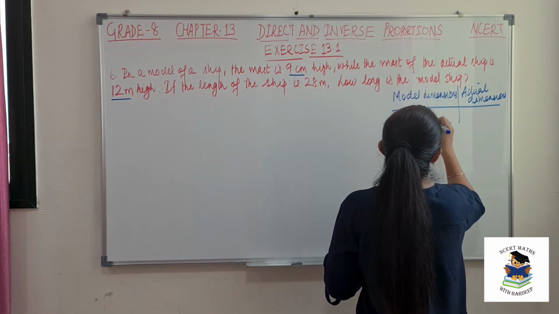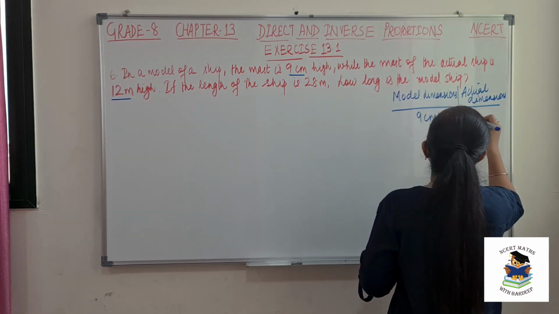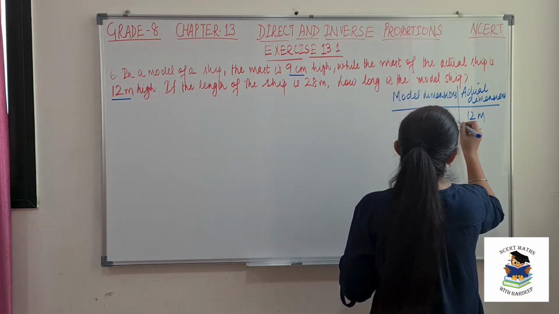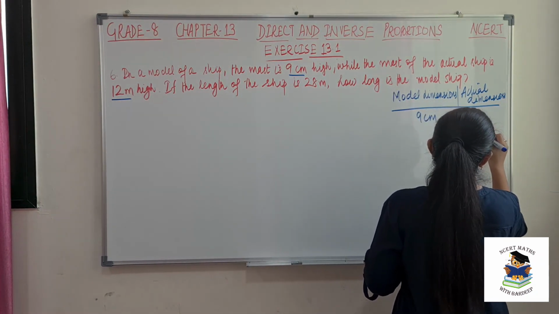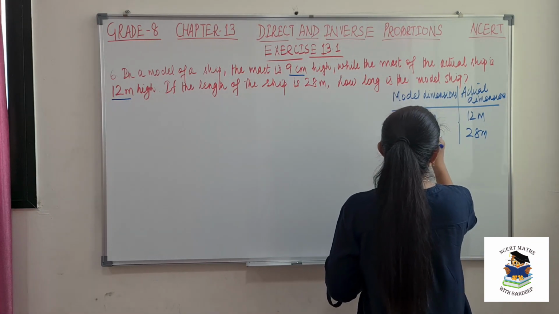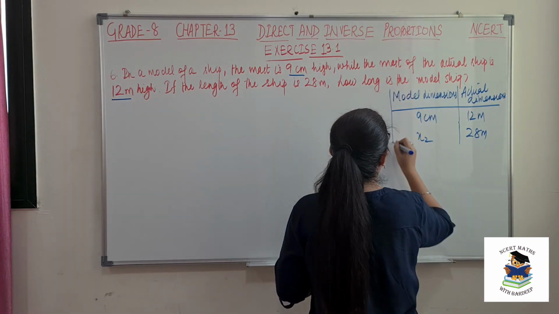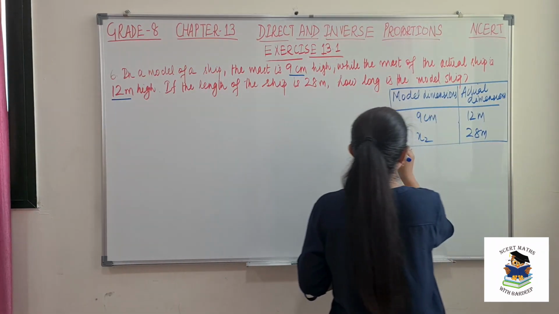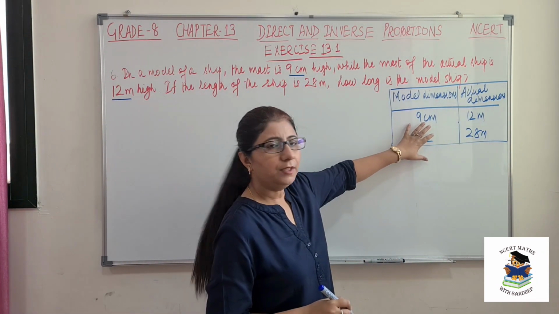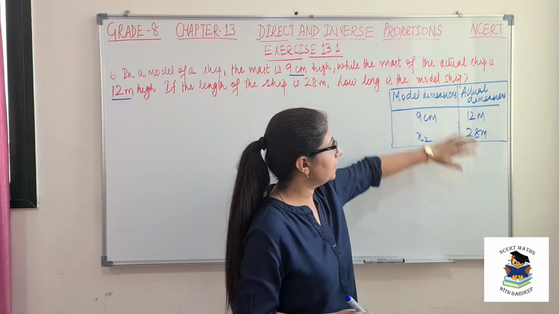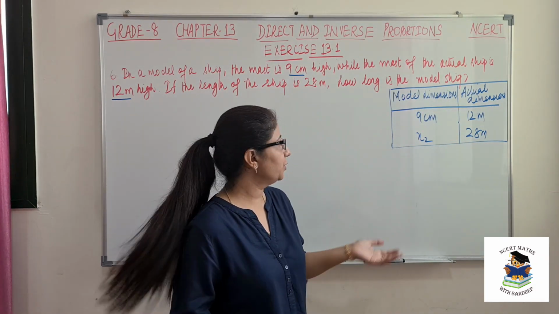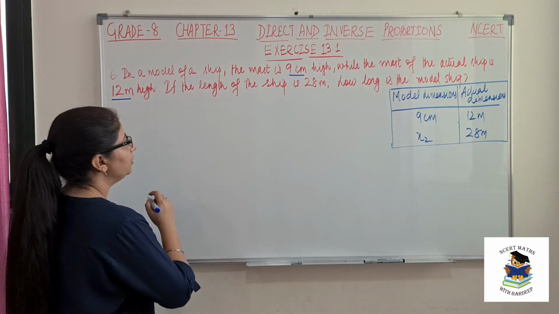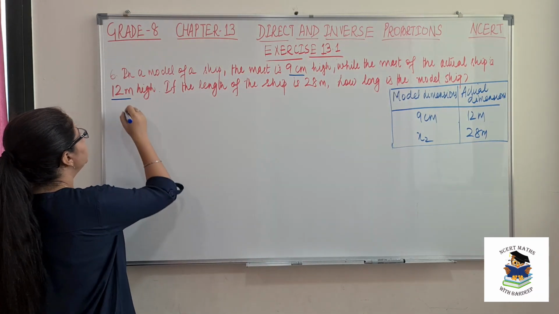For 9 centimeter actual length is 12 meters. And if the length is 28 meters, what is the model value for the same dimension? So let it be x2, and since this data is in direct proportion, just put the formula and find the answer.